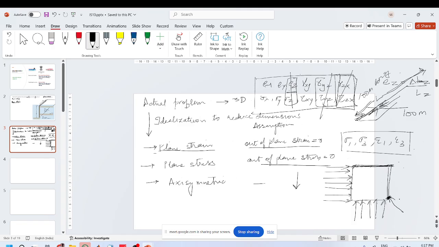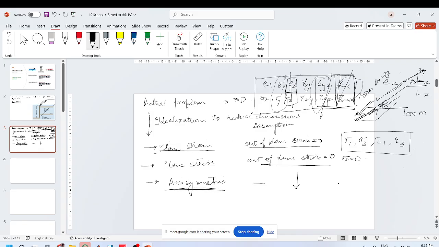So we assume that the stress in the out of plane direction is 0, and then we get rid of, similarly, sigma here, sigma here, and here. Okay. Then axisymmetric condition, what we assume is usually like your triaxial test.